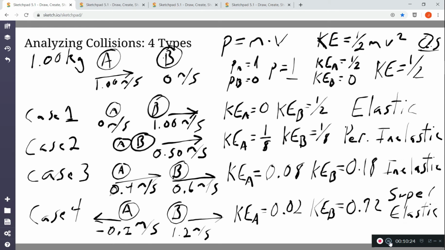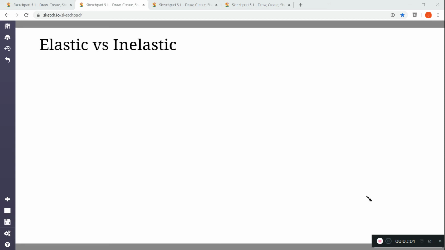So let's give these terms elastic and inelastic a more formal definition. Elastic is defined to mean a collision where kinetic energy is conserved.